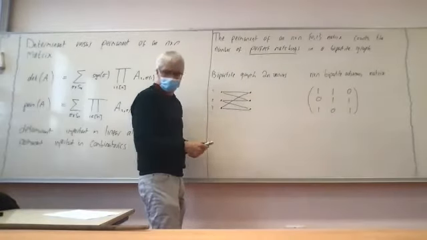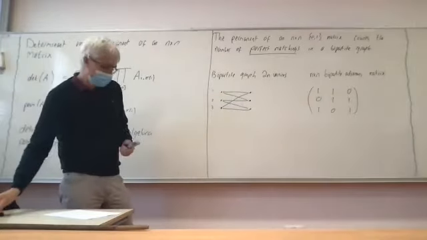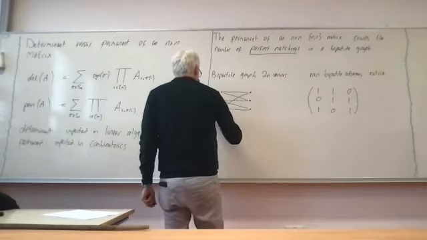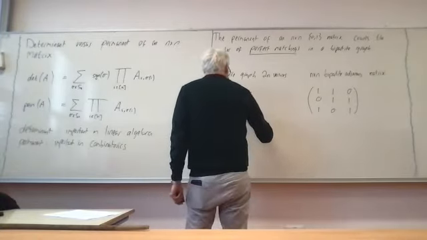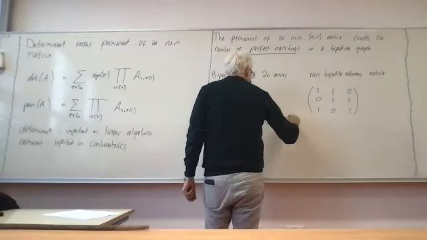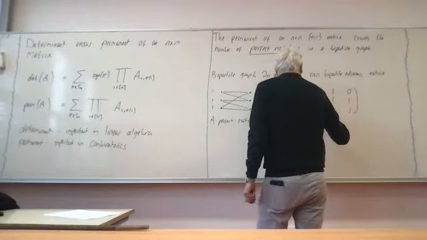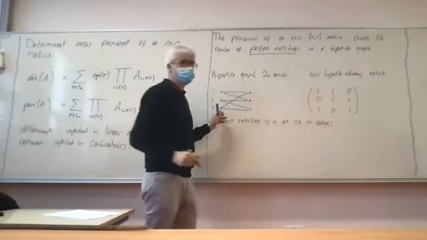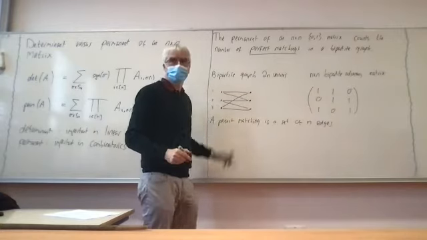And then a perfect matching is a set of n edges such that every vertex appears in exactly one edge.